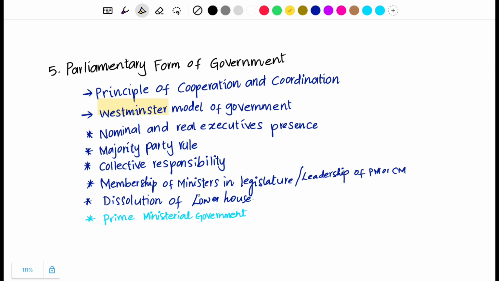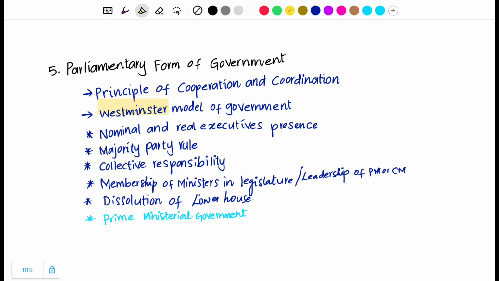We have the majority party rule, where a party which gets a majority of seats in the Lok Sabha, or in the same manner in the state legislature, will form the government. There is a collective responsibility of the council of ministers.